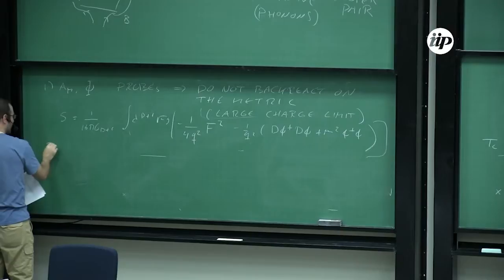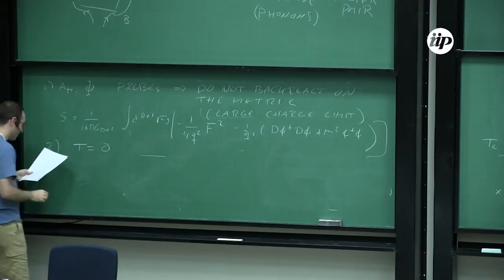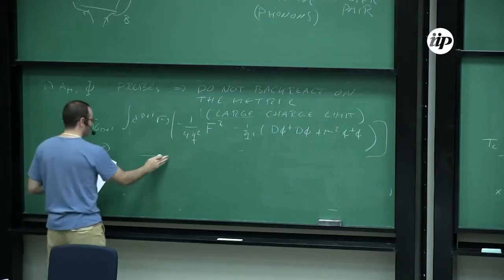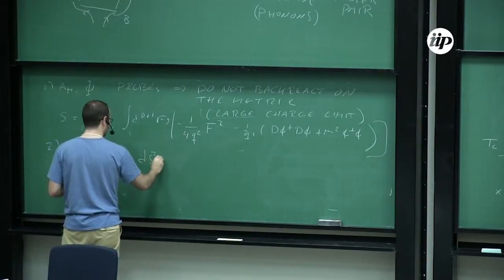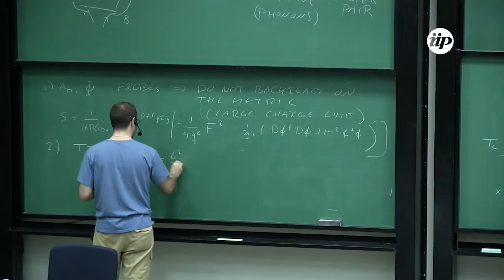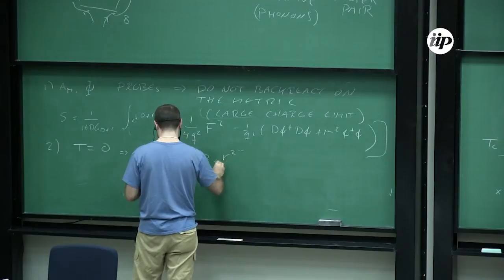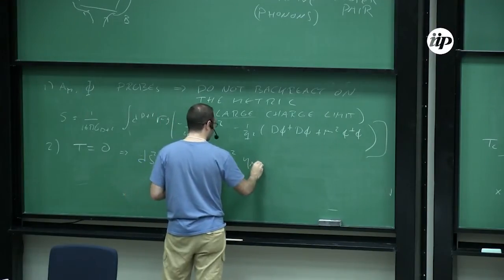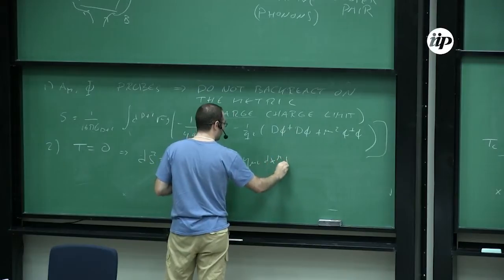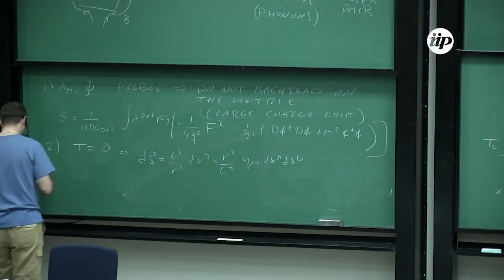The second simplification is I'm going to be at zero temperature. Okay, so this means the metric is AdS. Now, if I do that, I won't be able to do much. So I'm going to introduce a hard wall.